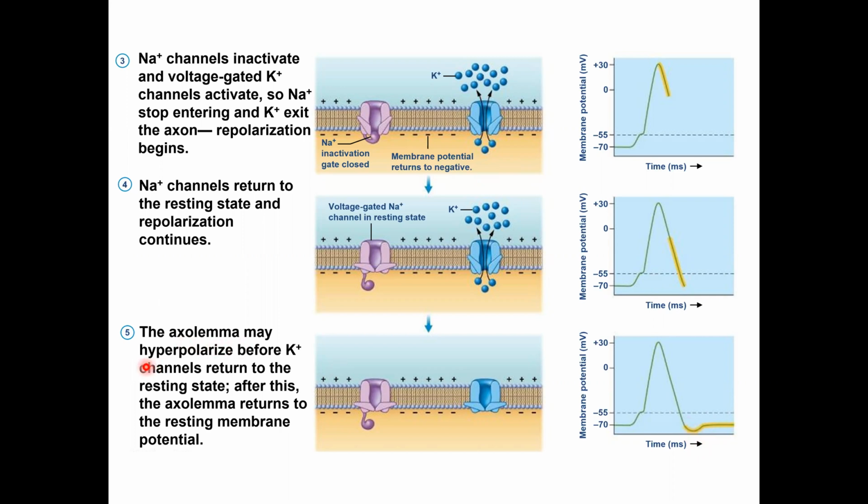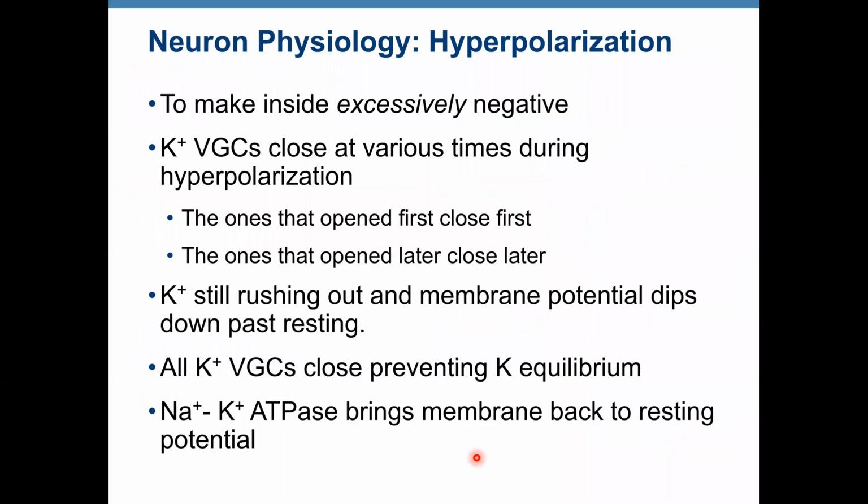So the axolemma may hyperpolarize before potassium channels return to their resting state. So hyperpolarization is making the inside excessively negative. Potassium VGC close at various times during hyperpolarization. The ones that open first, close first. The ones that open later, close later.